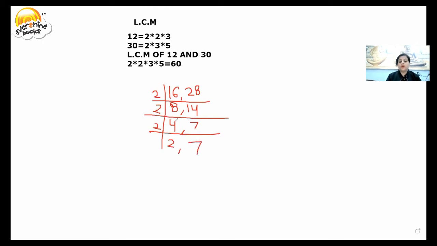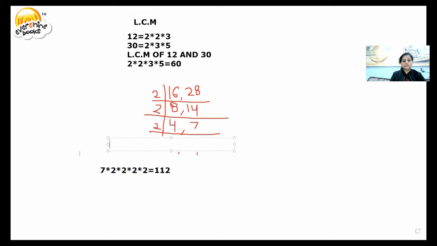It means it is not divisible by any number because it is a prime number. So we have to do the multiplication. When we multiply all the numbers, 7 into 2 into 2 into 2 into 2, the answer will come 112. This is the LCM of both the numbers.